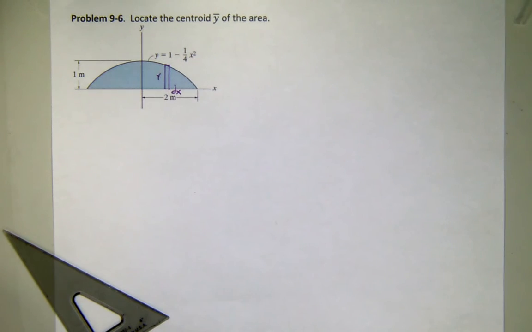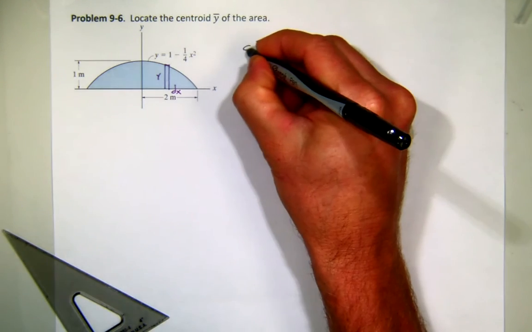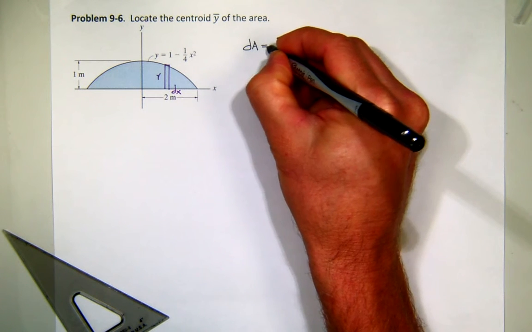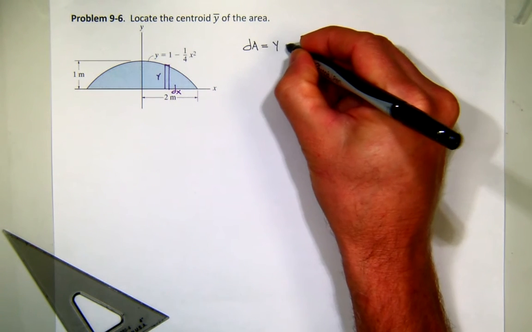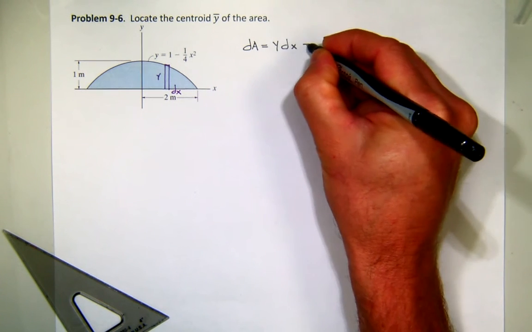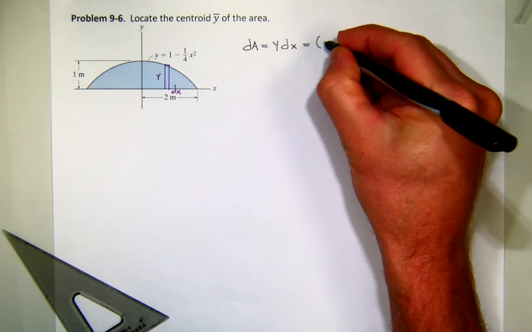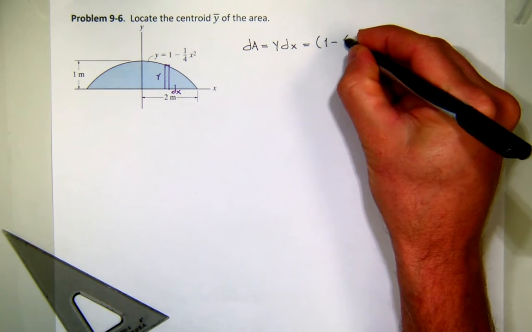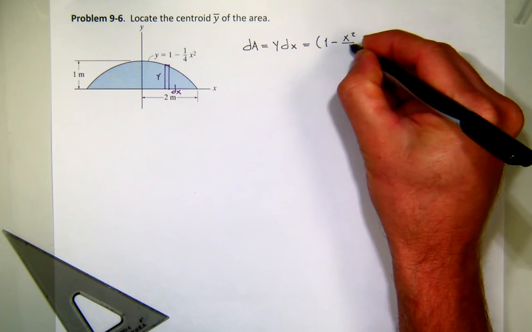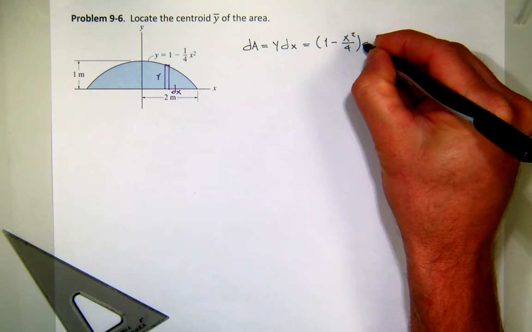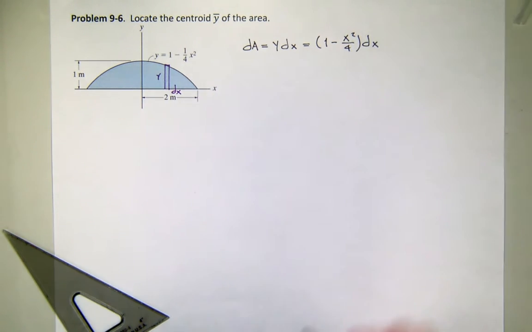So that makes it pretty straightforward that our differential area will be y times dx, and y is given as 1 minus x squared over 4 dx. So there's our differential area all in x.